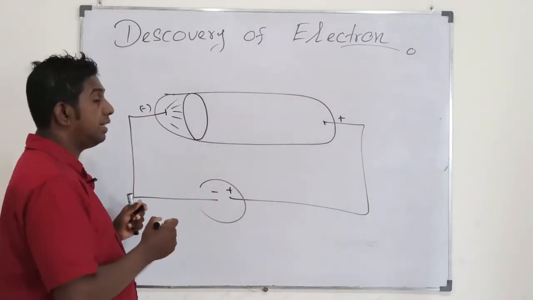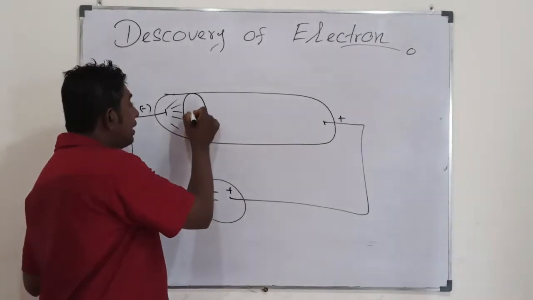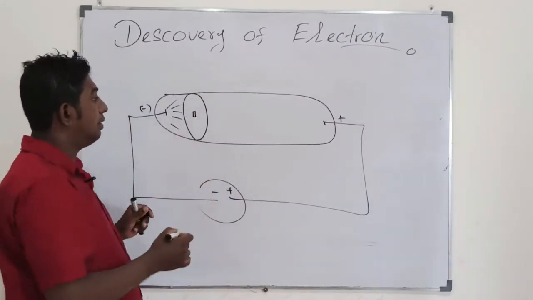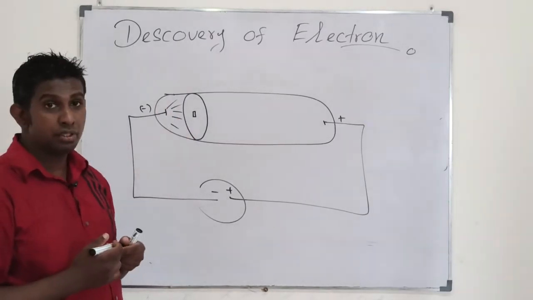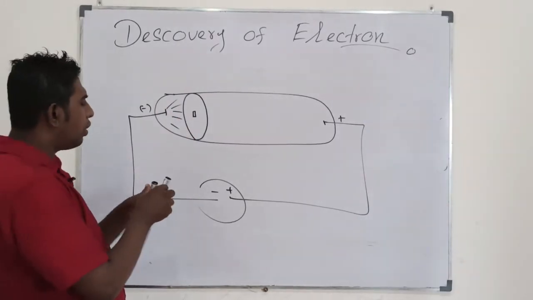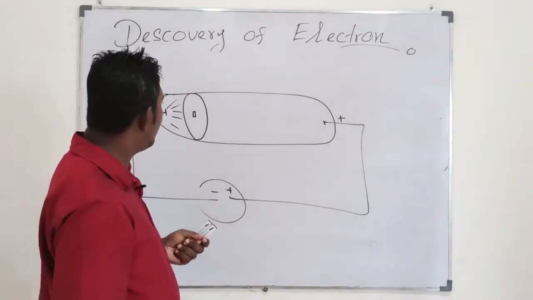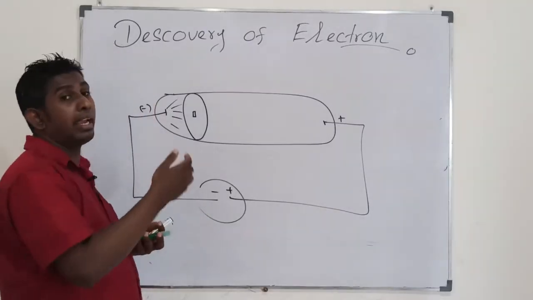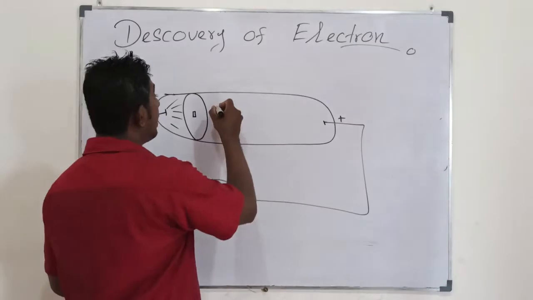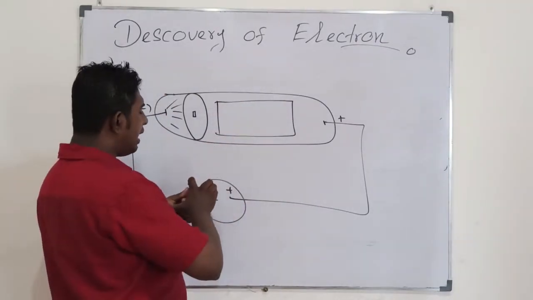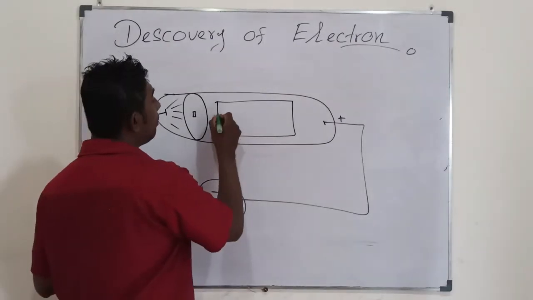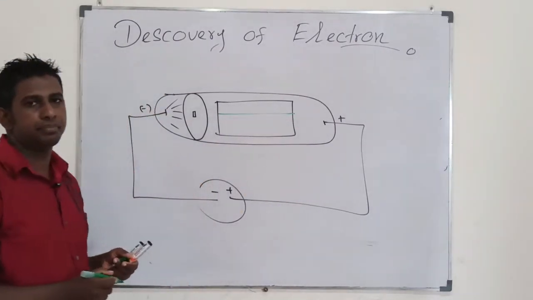Then he made a slit in that metal sheet that he used to block those cathode rays. Then he could resolve a beam of cathode rays. So when a screen was kept there, a fine beam of cathode rays could be obtained.